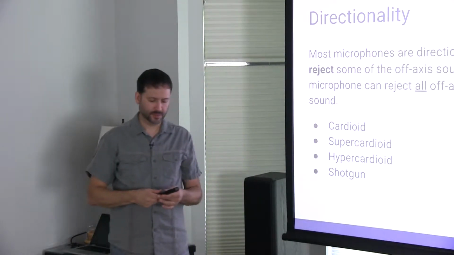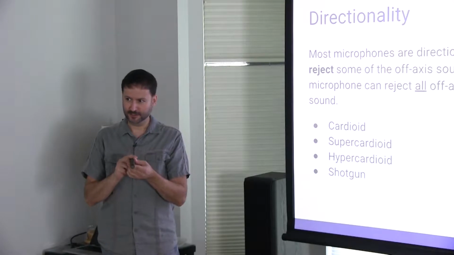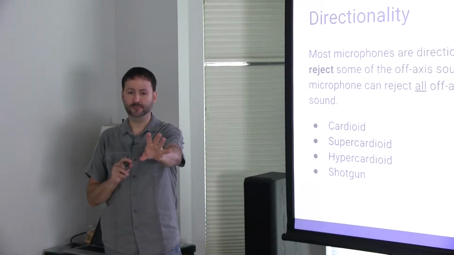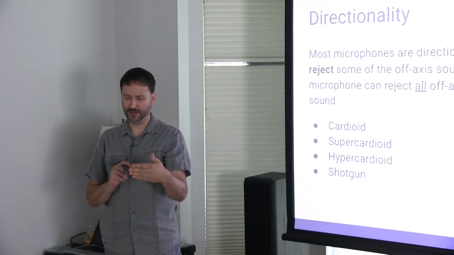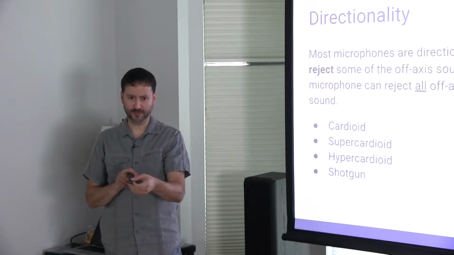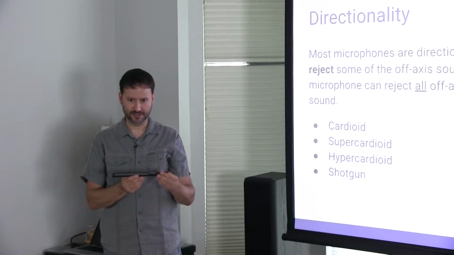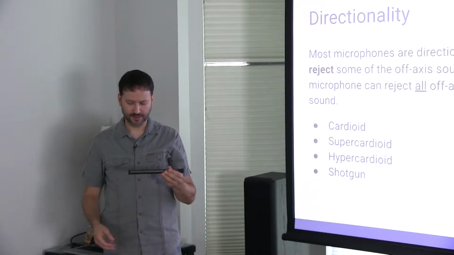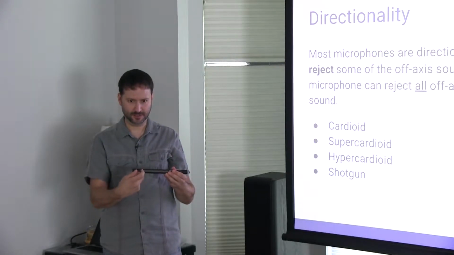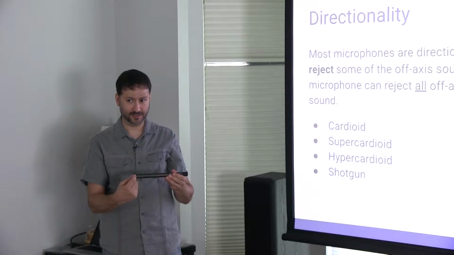So if I point this at Jeff and Jeff's talking, his voice is coming toward the microphone, and when it gets here, it's picked up by the sensor, by the diaphragm in the microphone. But if I turn this sideways, his voice comes in this way, and it comes in this way, and it cancels out.